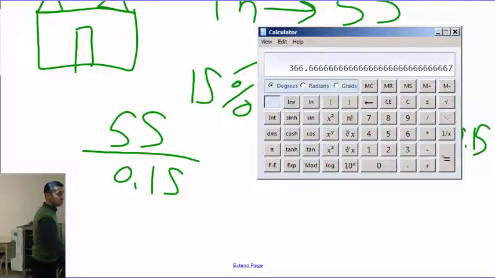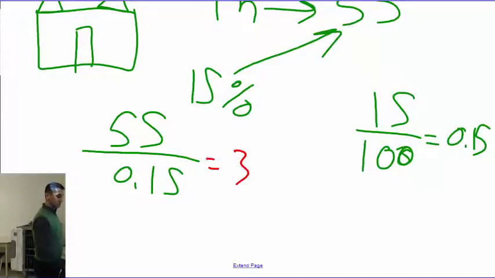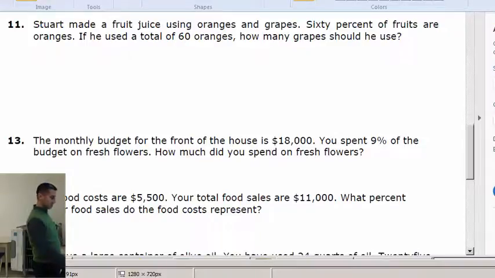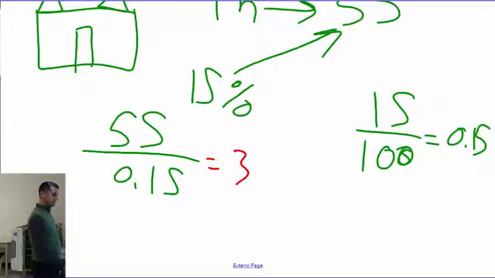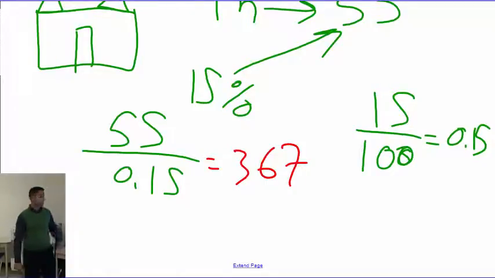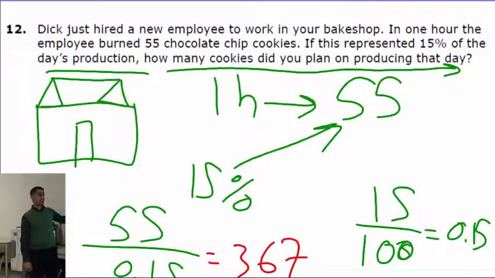So I'm going to round this up to the nearest regular number. So I'm going to say 367, right? Yes, 367. 367 cookies. Am I done? No, we're going to need a sentence. So let's write down the sentence. How many cookies did you plan on producing that day? 367 cookies I am planning to produce on that day. Let's practice.